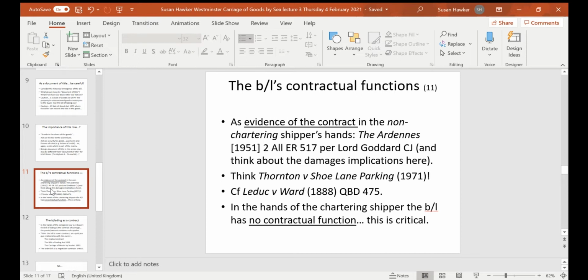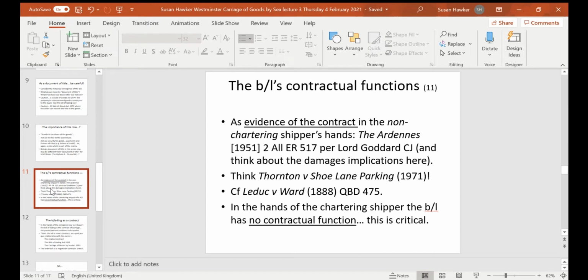Surprise, surprise, the carrier deviated. Surprise, surprise, the goods arrived and had missed the height, they'd missed the very beginning of the market. So by the time the oranges arrived, lots of oranges were here and the market price was falling. The shipper, the cargo interest, brought a claim against the carrier and said, you agreed not to deviate, and I put you on express notice of my special loss and damage, and I'm claiming those damages from you.